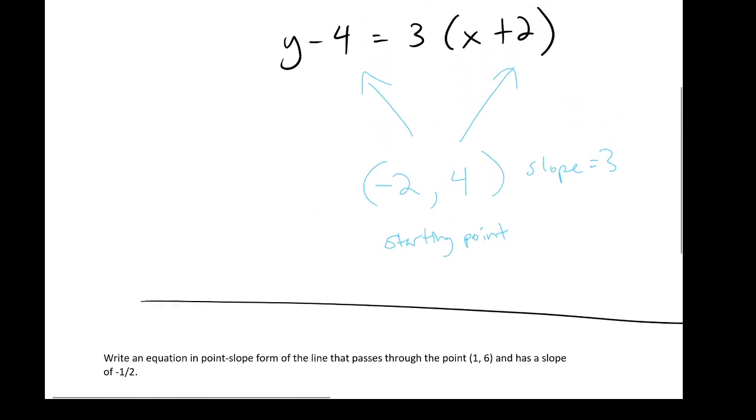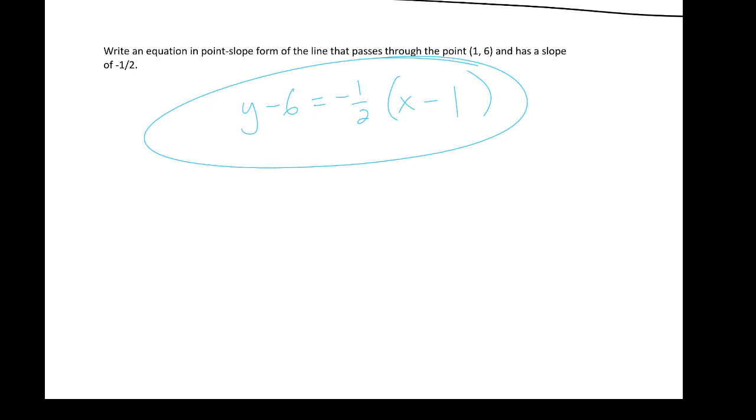Going back to our initial formula, y minus, here's our y up here, it's going to be y minus 6. That's going to be equal to, instead of m, here's our slope of -1/2. And then in our parentheses, the quantity, it's going to be x minus, and then here our x value is 1. It's pretty straightforward. So there you go. That is your point-slope equation.